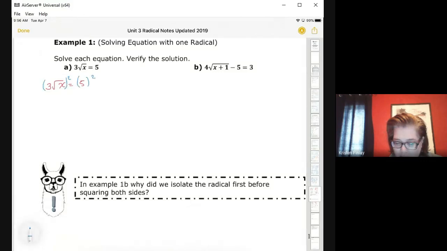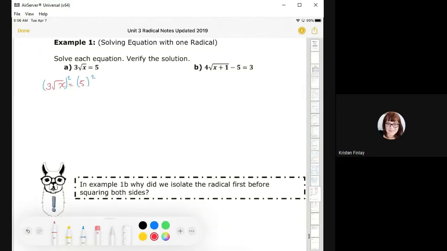Oh, sorry, no, 3 squared is, my mistake, 3 squared is 9. And root x squared is x, which is equal to 25. So we would get x is equal to 25 over 9.